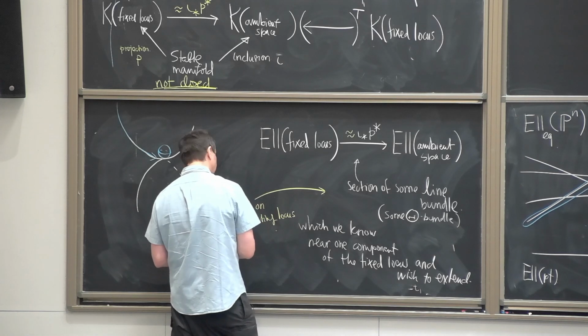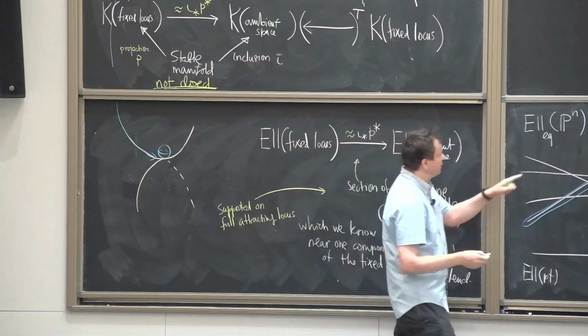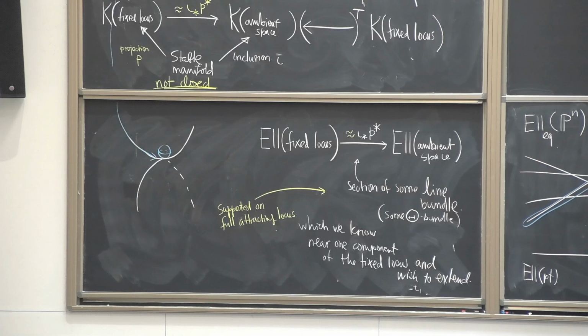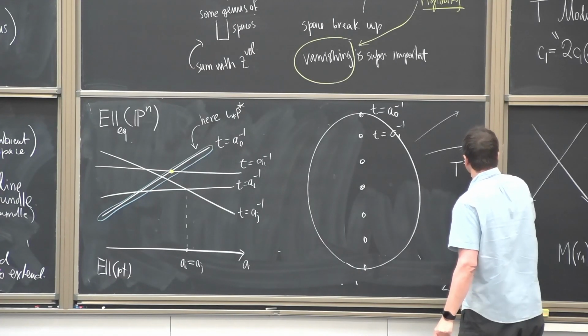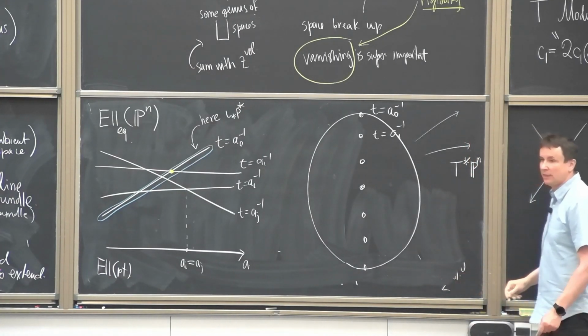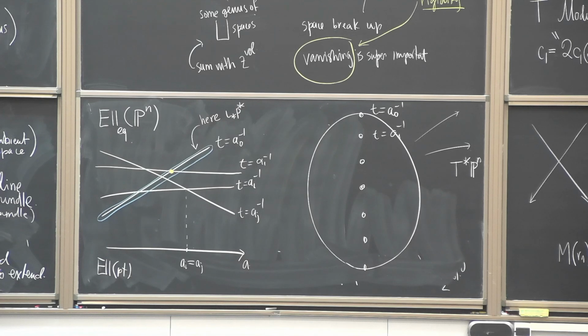So maybe we should think of this as sitting inside of its cotangent bundle, to make things symplectic.